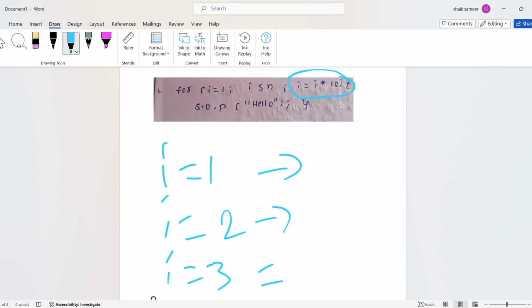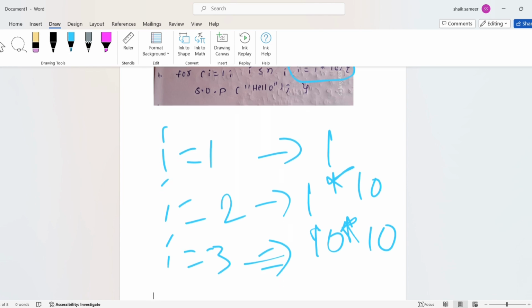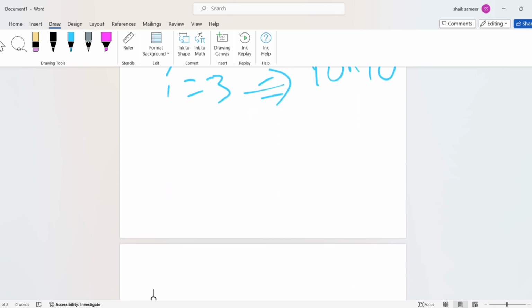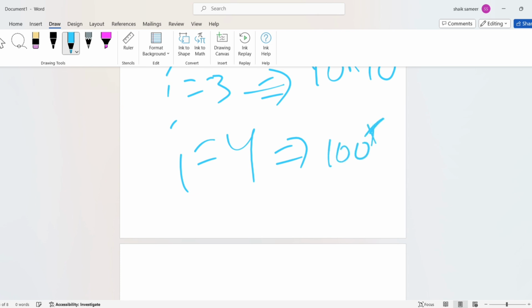For i equal to 1, it becomes 1. For i equal to 2, it becomes 1 into 10. For i equal to 3, it becomes 10 into 10, because for every value i is going to update. For i equal to 4, the i value will become 100 into 10.